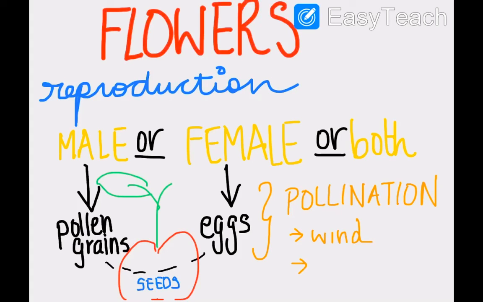And another thing that contributes to pollination is animals, or specifically insects, right? If a certain part of that plant is appealing to that insect, and it comes into contact with the pollen, it maybe sticks to that insect. And when that insect goes to a different plant, it can maybe drop off that pollen, and then it can come in contact with the eggs, right? So those are two ways in which pollination usually takes place.